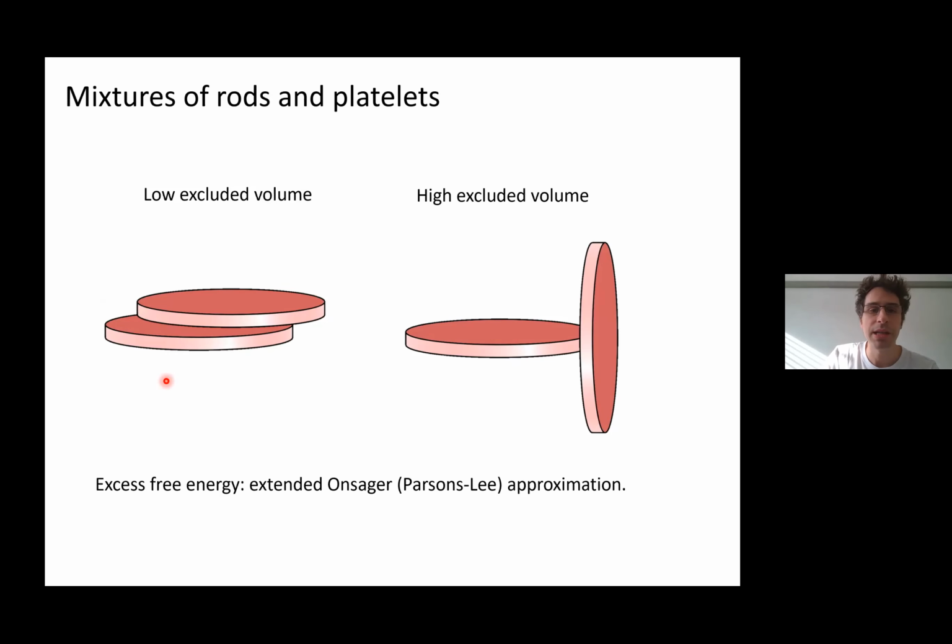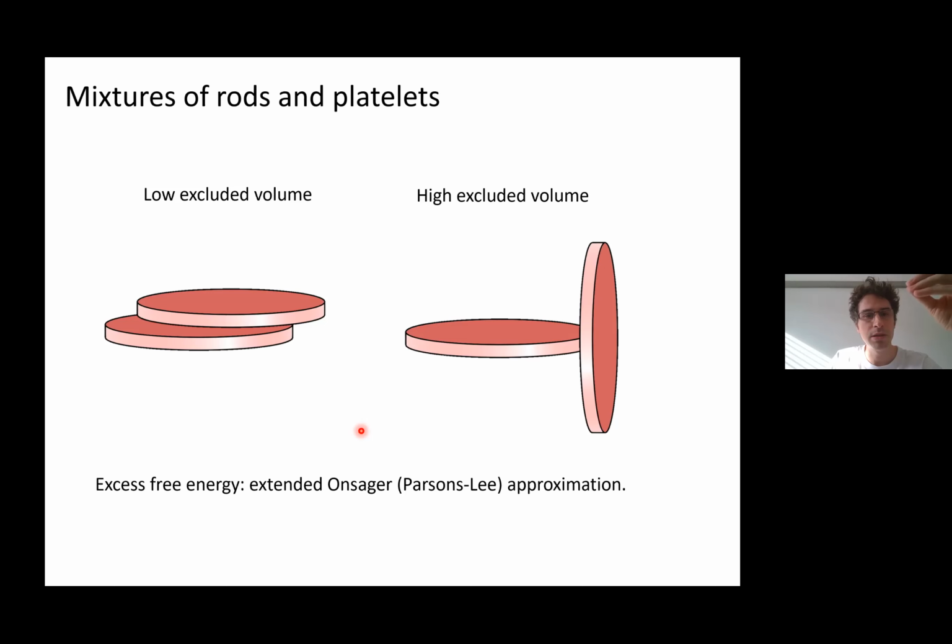Okay, and the excluded volume is lower if the particles are parallel to each other than if they are perpendicular to each other. So then what happens is that if the density of the colloids is small, then the ideal free energy dominates, and the system wants to maximize the ideal entropy, and then the system is in an isotropic state where particles are randomly distributed. But now if the density increases, then the excess free energy dominates.